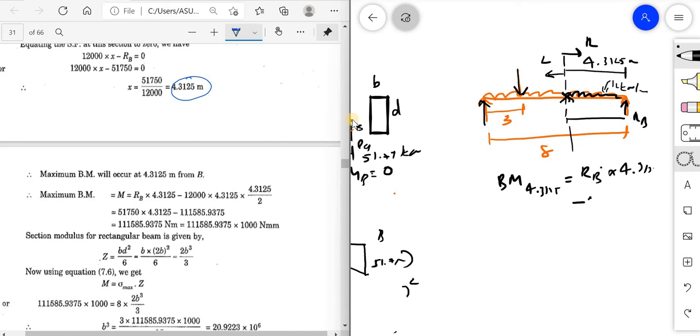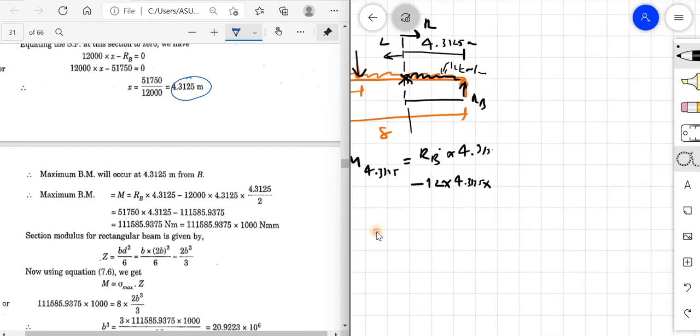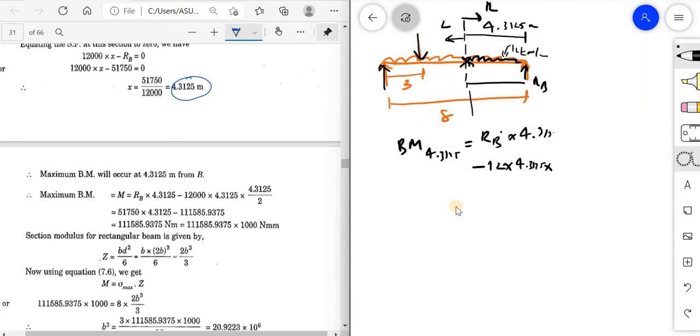So the maximum bending moment is RB into 4.3125 minus the UDL term.